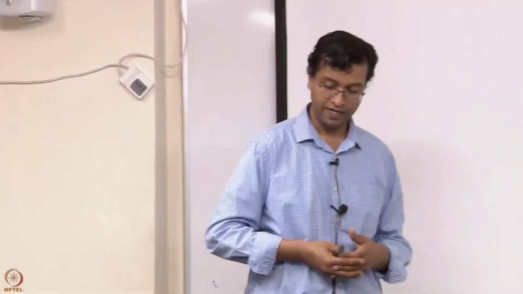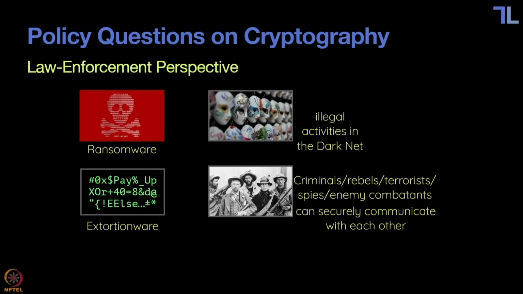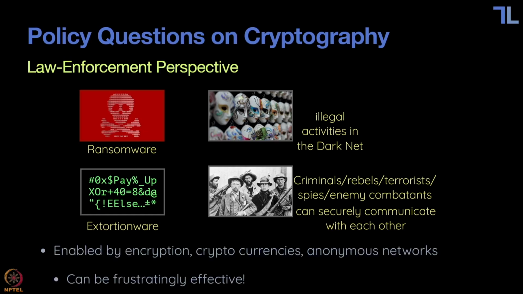So once you have secure communication, everybody can use that, including rebels or terrorists or enemy countries and so forth. Okay, so this creates a lot of headache for law enforcement, and as I was saying, it's all enabled by these very strong cryptographic tools that we have: encryption, cryptocurrencies, anonymous networks, and they can be frustratingly effective when properly implemented.